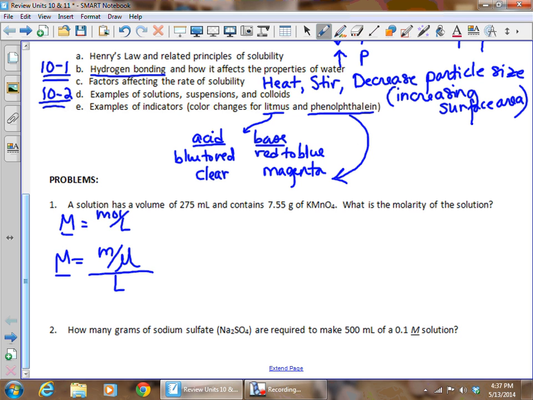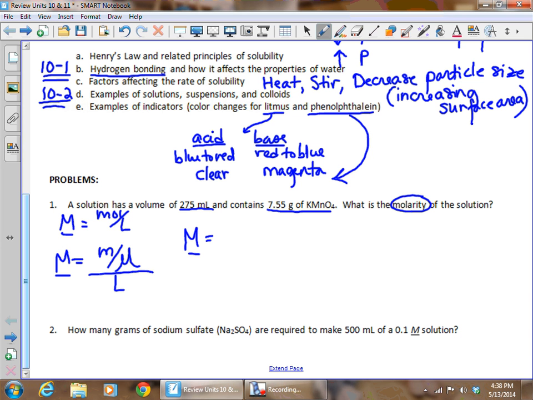Now in this case, it asks you to find the molarity of the solution, and it gives you the volume of the solution and grams of the solute. So you're going to want to use the mass over molar mass form of the equation. It is solving for molarity, so we're going to plug those values in.